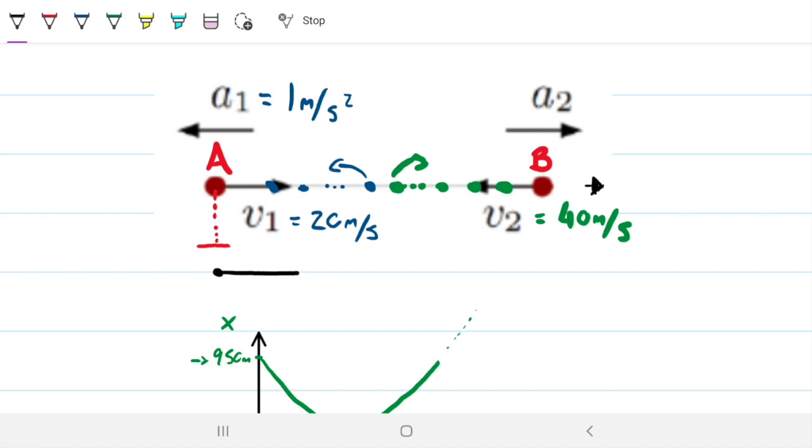So my xb, in this case, before anything starts, this is my xb, right? It leaves the origin that I just created, which is exactly where A is starting, and it goes all the way to B. My xa, same thing. It leaves the origin and goes all the way to A. But in this case, in the beginning, it's right on the origin.